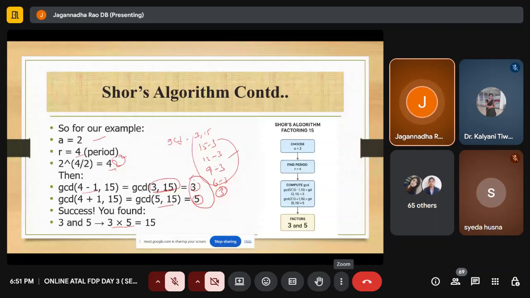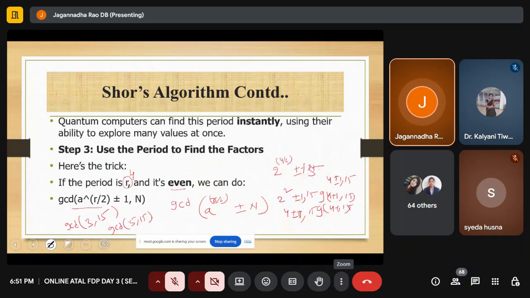So what are the steps you followed? First, you choose any value which is less than n and find the period. Period is nothing but your one cycle. Now compute the GCD of a power r by 2 plus or minus 1, comma n.